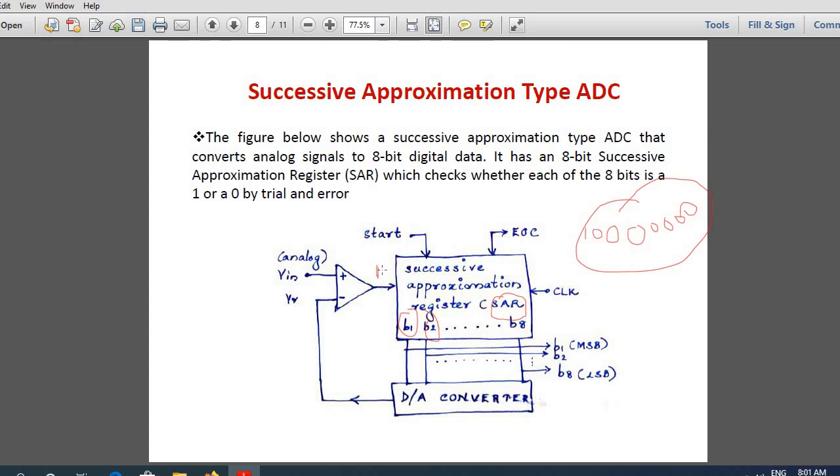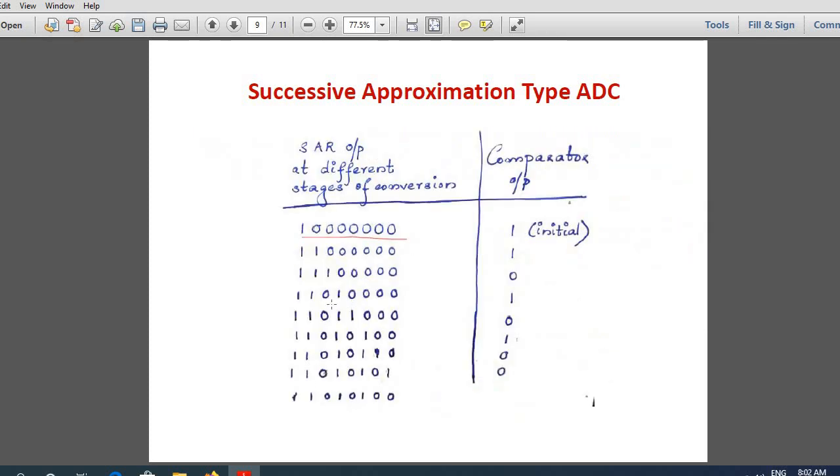So when the comparator output is obtained as a 1, it activates the successive approximation register, and the second clock will be given. When the second clock is given, the second bit will be set. Look here, now the trial code becomes this one.